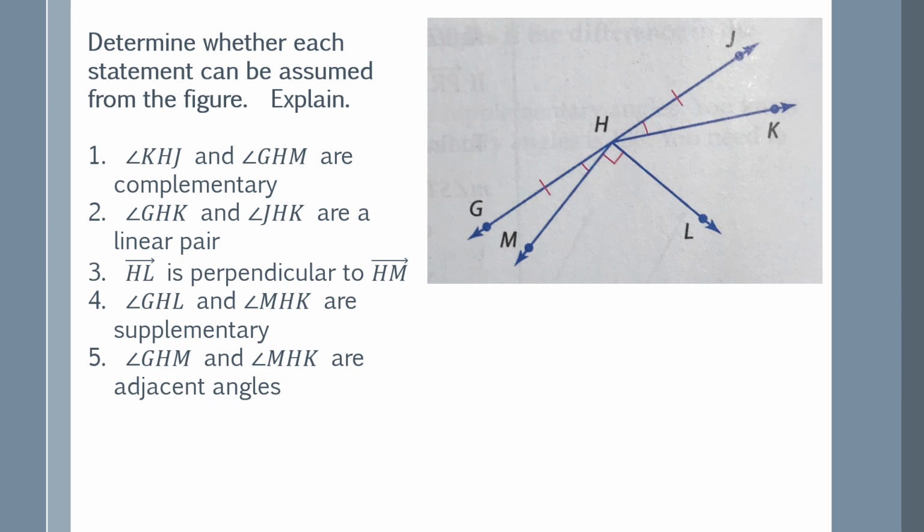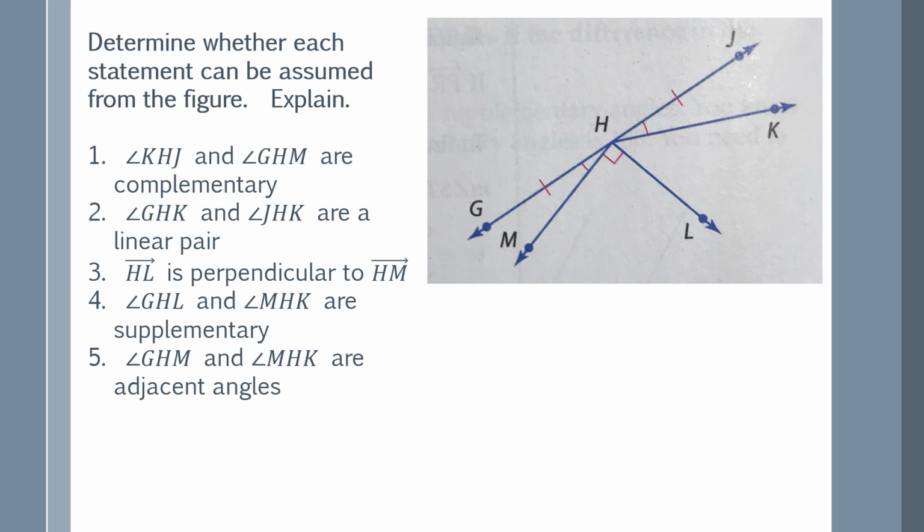Okay, now we're going to play this little game called Determine Whether Each Statement Can Be Assumed from the Figure. And we need to explain why. So, number 1, angle KHJ and angle GHM are complementary. All right, so the thing you need to do here is mark up the diagrams, right?